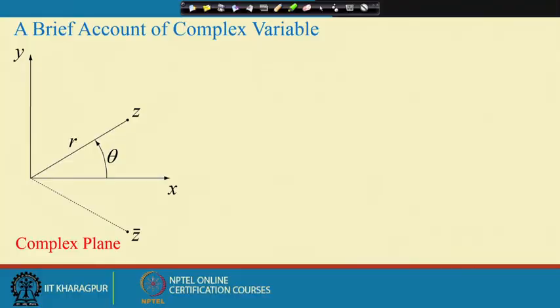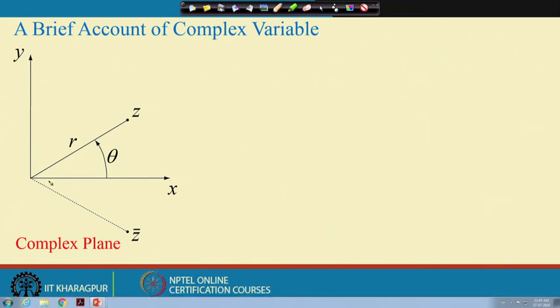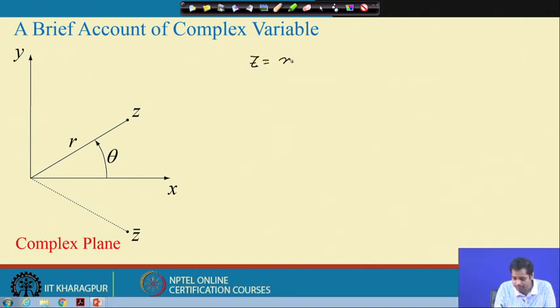We define a complex variable on a complex plane, with x and y axes, and we know that the complex variable z is written as z = x + iy, where x is the real part and y is the imaginary part.